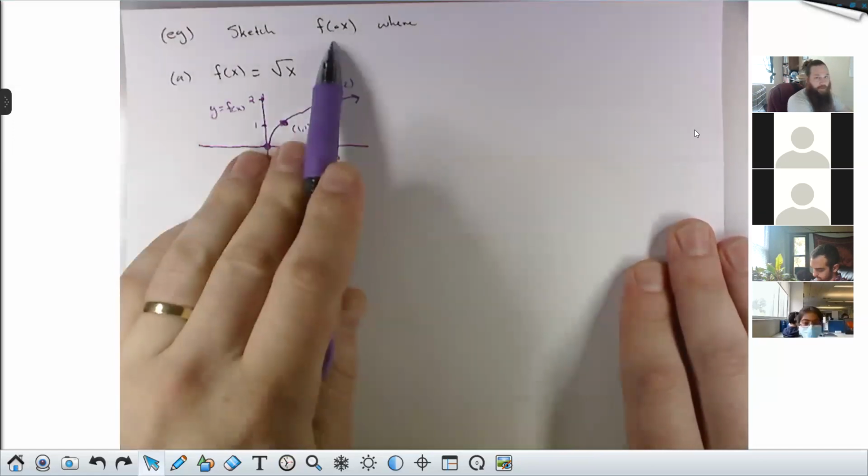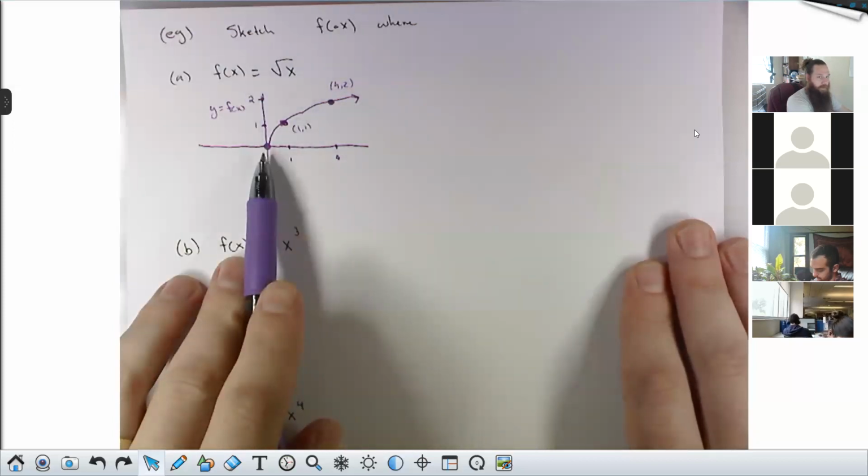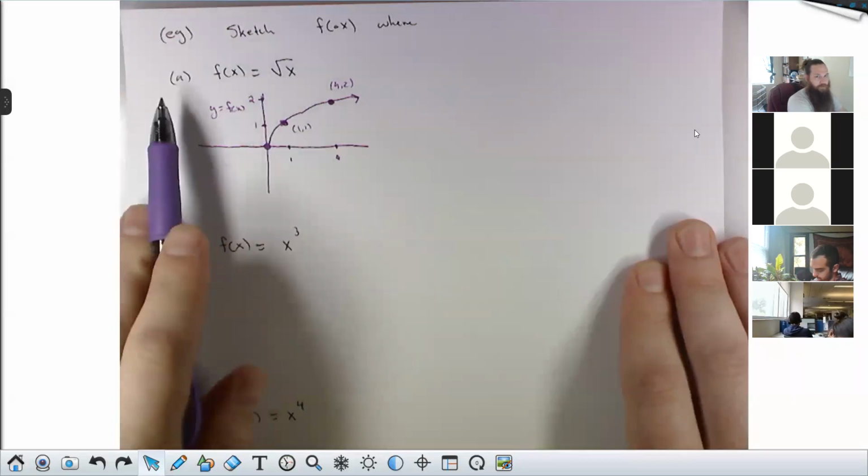So if I want to look at the graph of f of negative x, I need to take this graph here and reflect it horizontally.